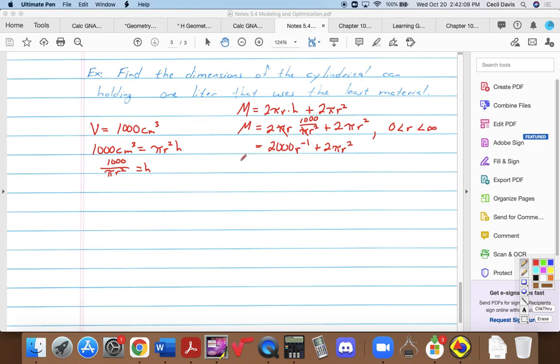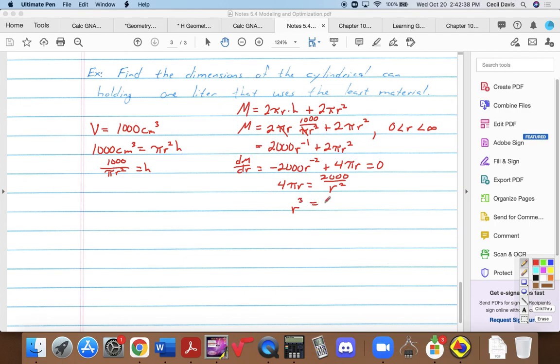So now I'll go ahead and take the derivative, dm/dr. It's negative 2,000 r to the negative 2 plus 4 pi r. I want that to be equal to 0. So 4 pi r is equal to 2,000 over r squared.